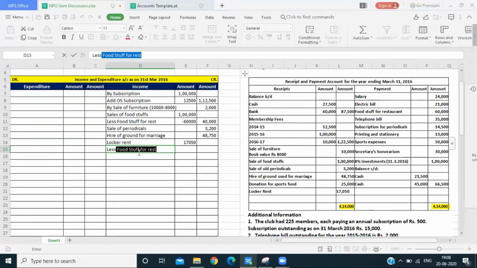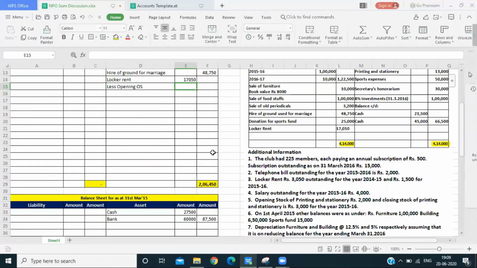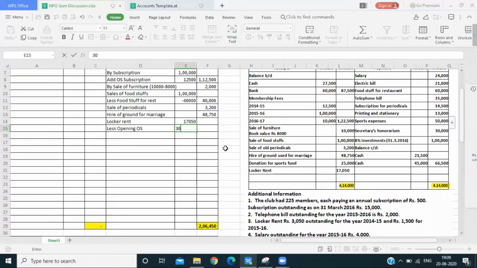So less opening outstanding. The value of opening outstanding is 3,050 rupees. This we have to subtract because this income relates to the previous year, and we are assuming that income relating to the previous year has been received in the current year, and subtracting that.